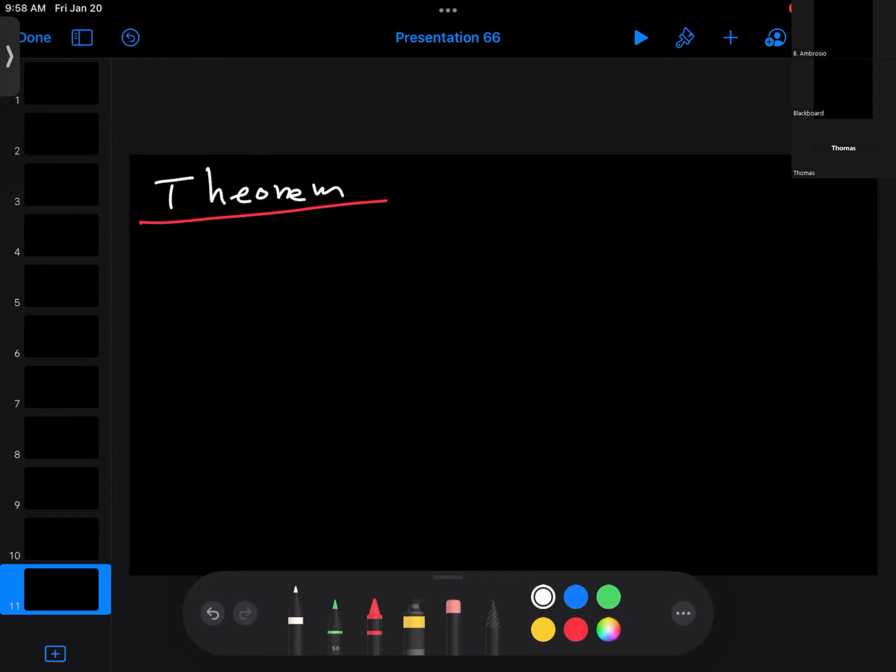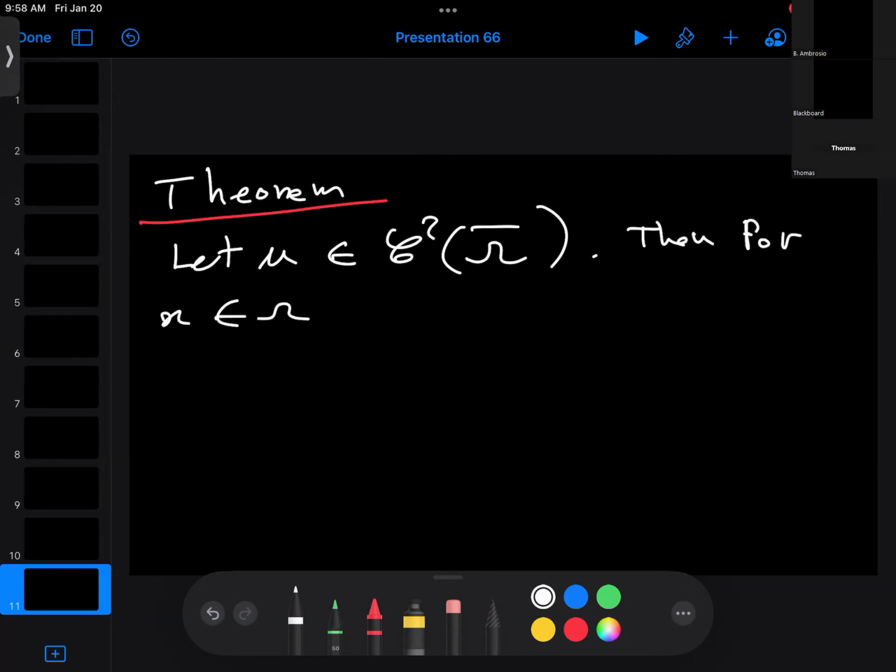So let u be a function that is C2. Then for x in omega, you have that u of x equals, so it will be this formula that I have just used.